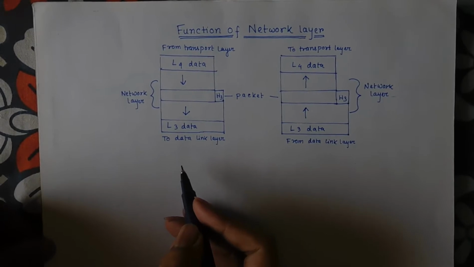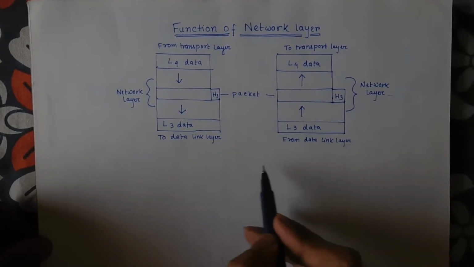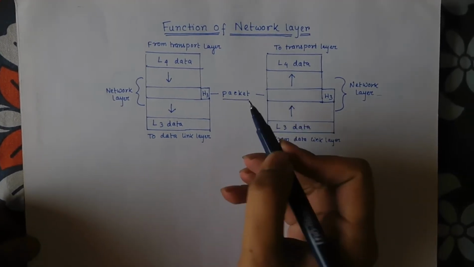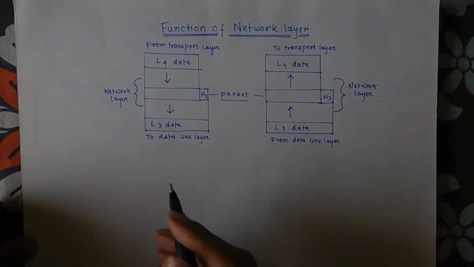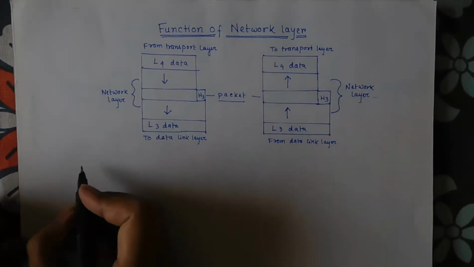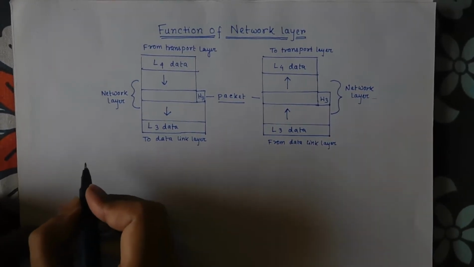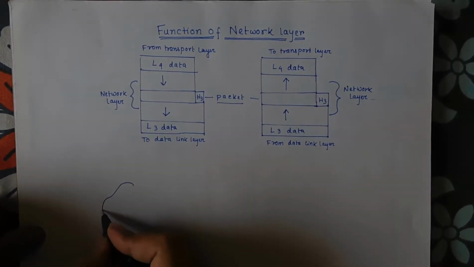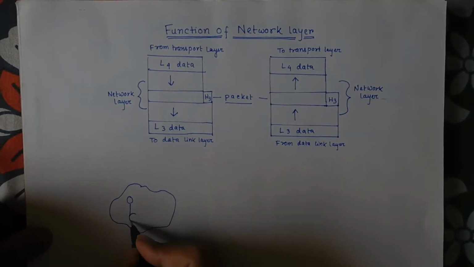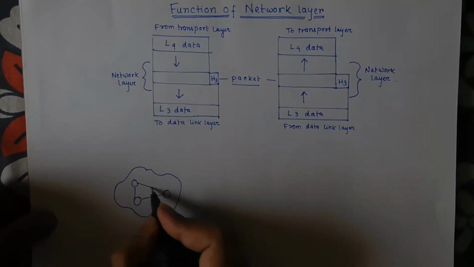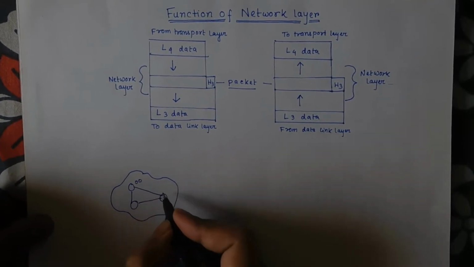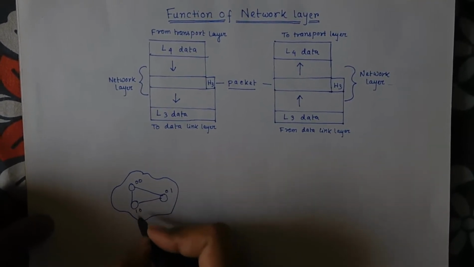The network layer is responsible for source to destination delivery of packets when we use multiple networks. Now suppose there is a network with 3 nodes, and there is a unique identification number, suppose 000110.